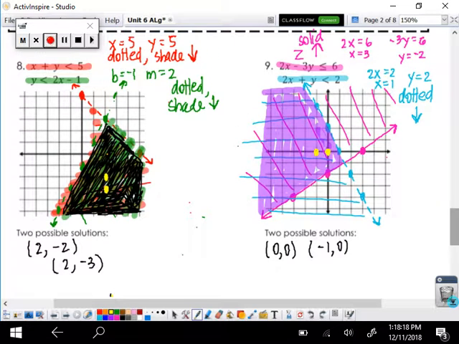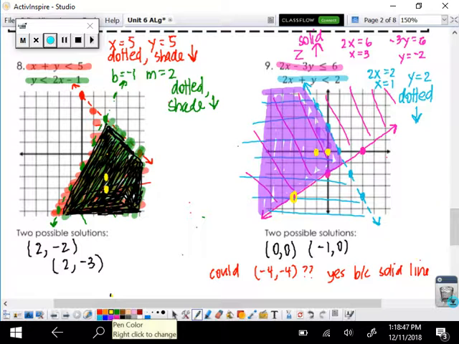Okay, and then some questions I have for you. Think about, could this point -4, -4 be a solution? So could -4, -4 be a solution? Yes, because solid line.